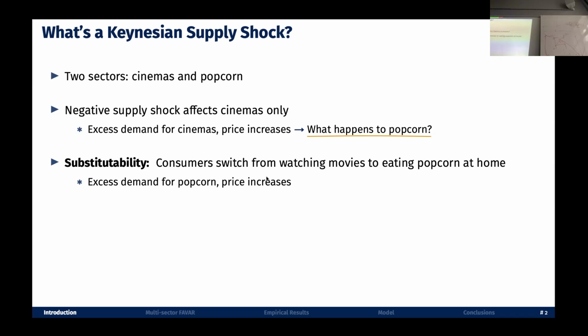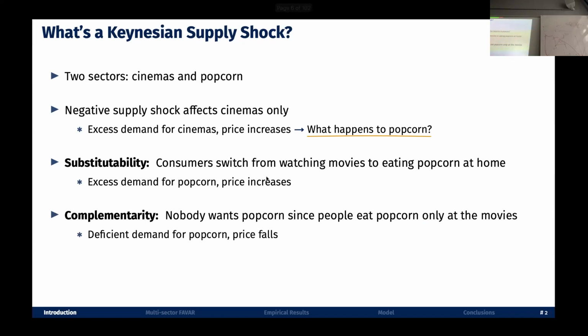I'm going to create excess demand for this good, where nothing happens to the productivity of this sector, which creates an increase in the prices. This is like a standard effect where in both sectors you would have that prices are going to increase.